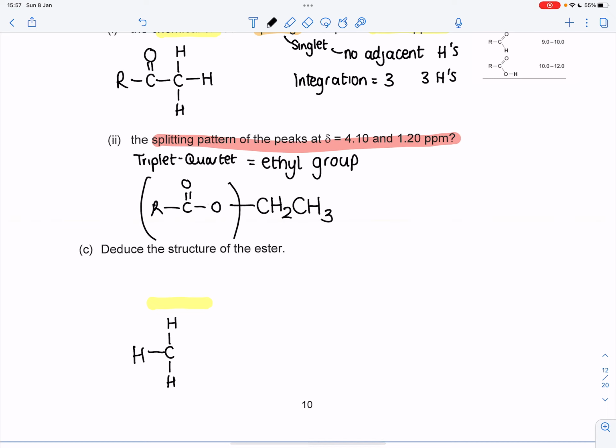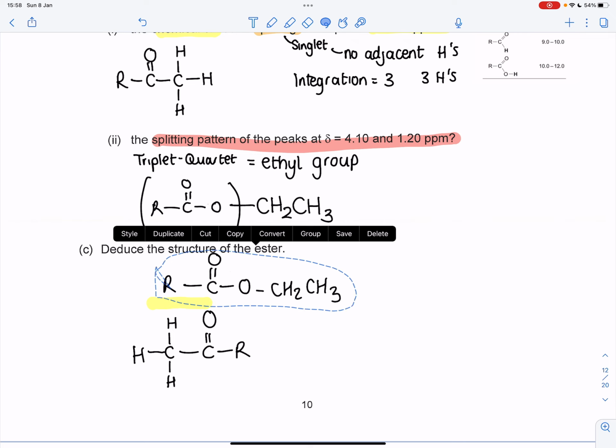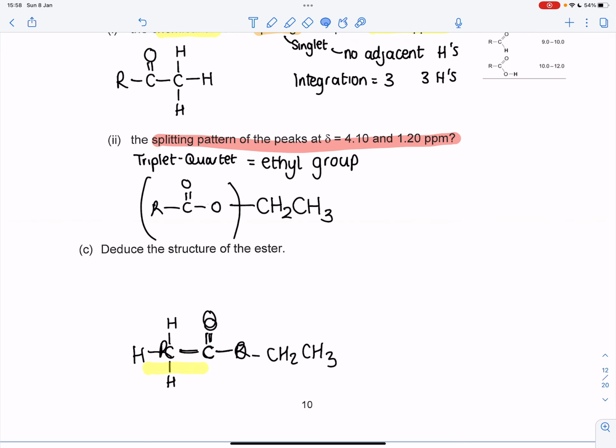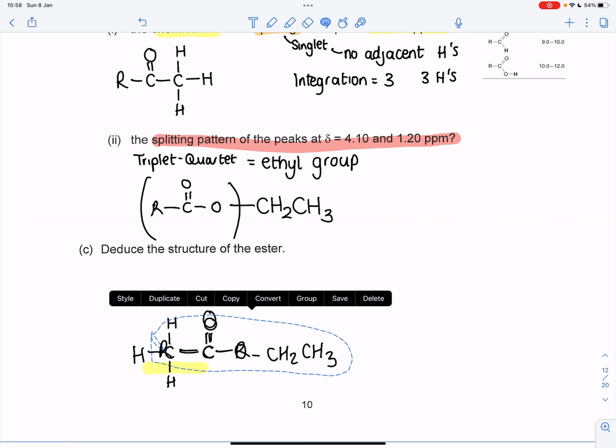I've picked it up and I've tipped it over, so it looks like this. Then I'm picking up my second piece, and I'm overlapping it. It's going R C=O, because the C=O is the same C=O, like this. Then I've got to squish these 2 pieces together. So I've got to take this piece and bring it down and overlap it. And then we're going to rub out any overlapping parts and make it look a lot neater.